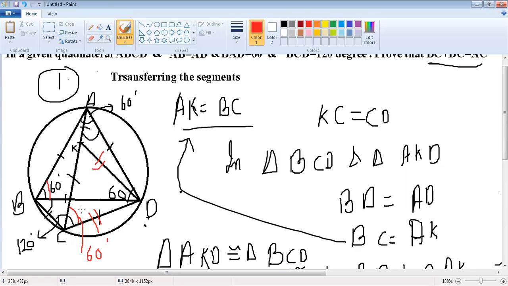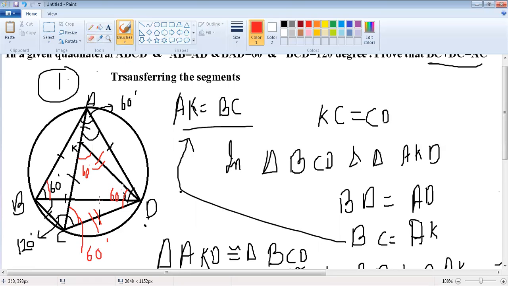Now since this is 60 and these two sides are equal, this must be 60 degree, and we are left with one angle that should also be 60 degree. No other option. So, yeah, this is also 60 degree.